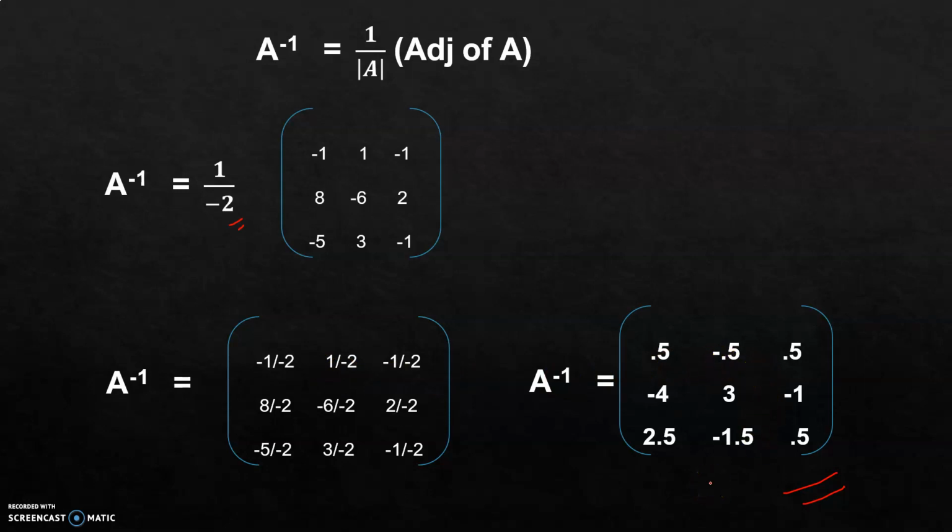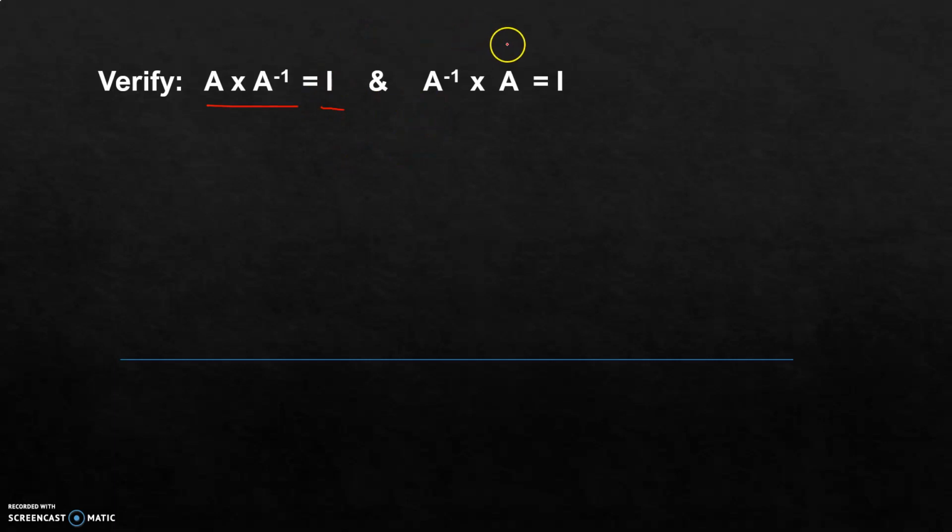So this is the way to calculate the inverse of the given matrix. Then we can verify whether the answer is right or wrong, because we already said that if we multiply the given matrix with its inverse, we get the identity. A into B equals, or B into A equals identity. So A into A inverse equals identity, or A inverse into A equals identity. So you need to check this.